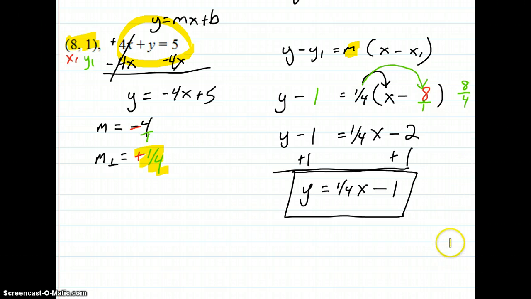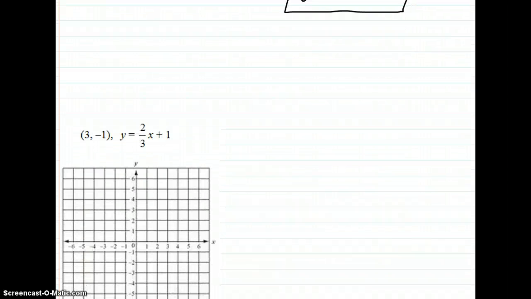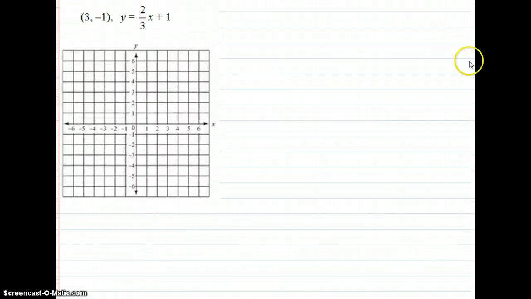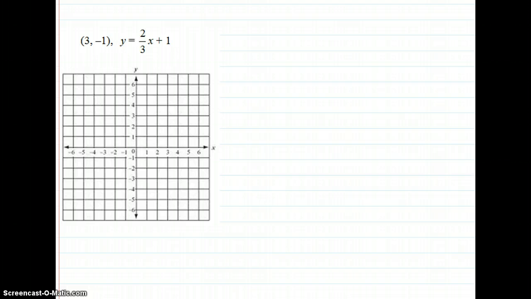All right, last example. So we're going to, didn't put the instructions on, but we're basically going to graph the perpendicular line that goes through this point.